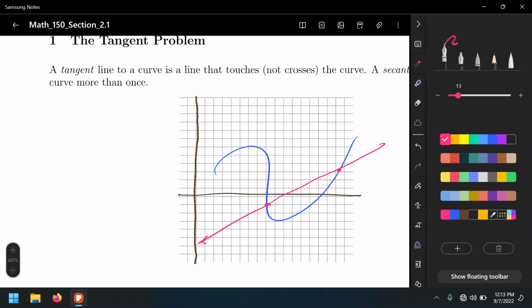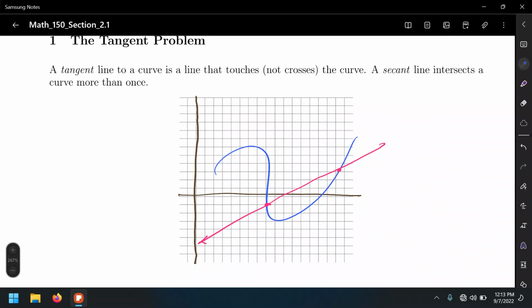This is the point x2, y2, and let me call this p2 instead. So p2, that's q, and p1 is x1, y1.